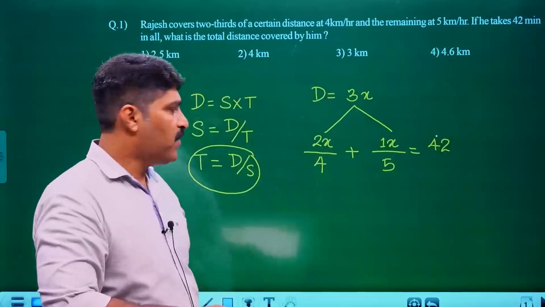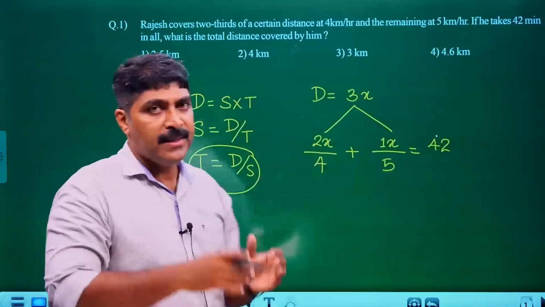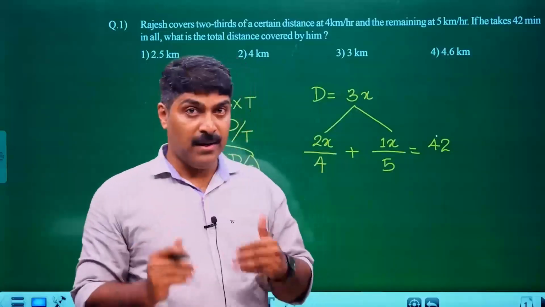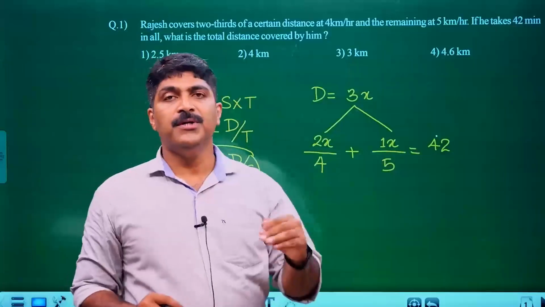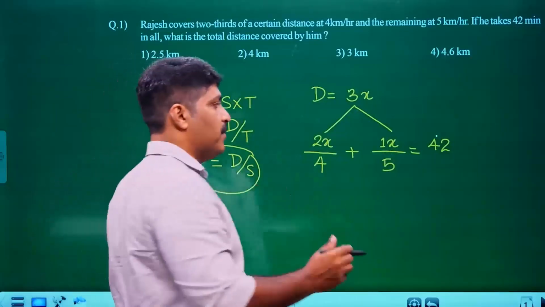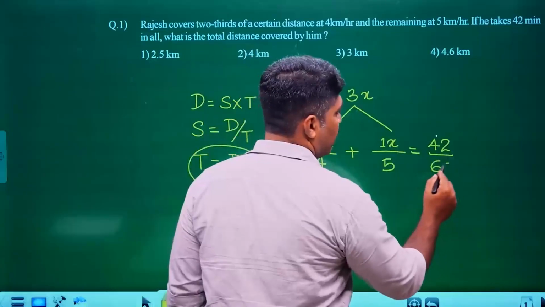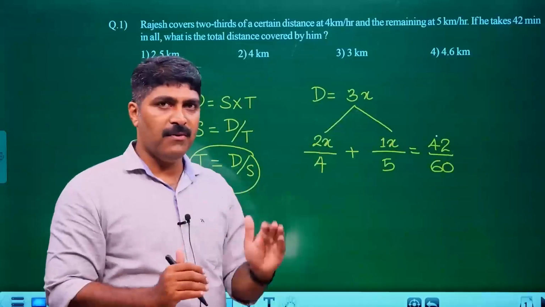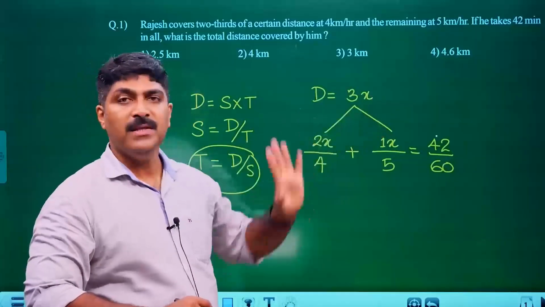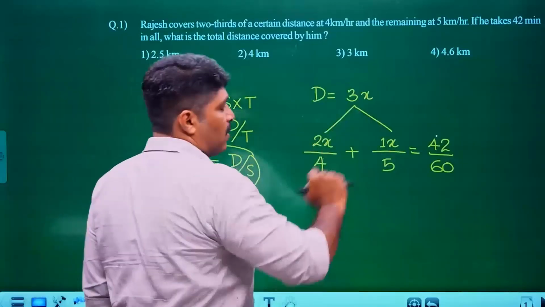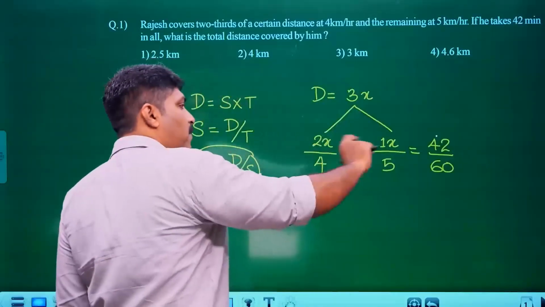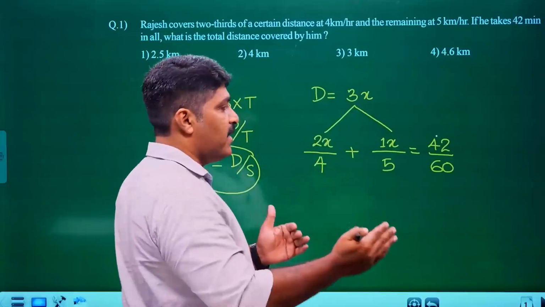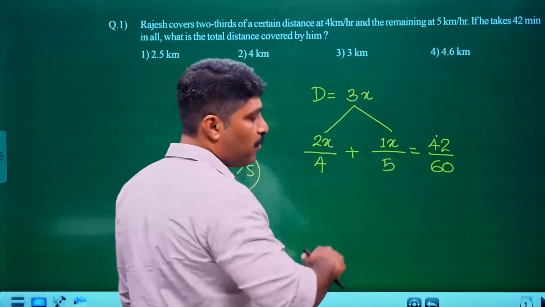Don't forget, here 2x and 1x are in kilometers and the speeds are in kilometer per hour. So you have to convert 42 minutes into hours, which is 42 by 60. From this equation you have to find the value of x, and then find 3x. If we multiply both the left hand side and right hand side by 60, we can avoid all the denominators.